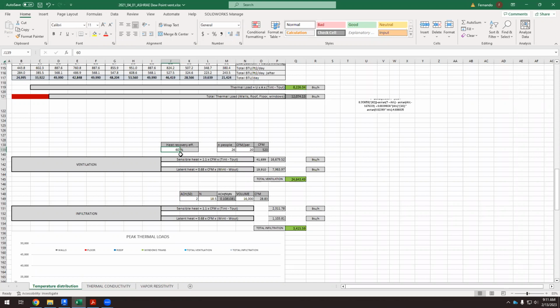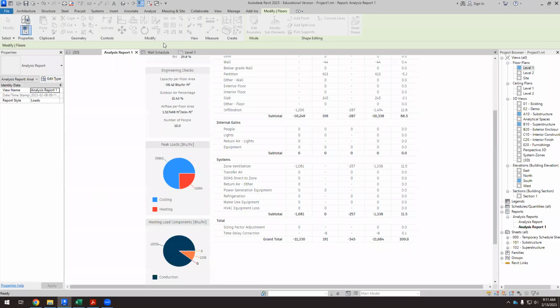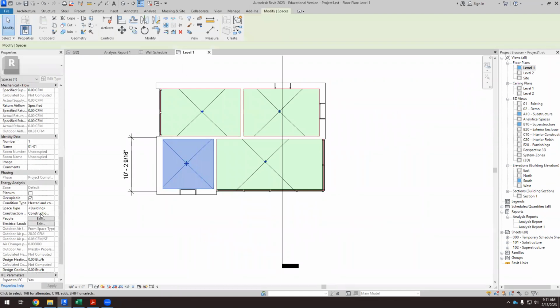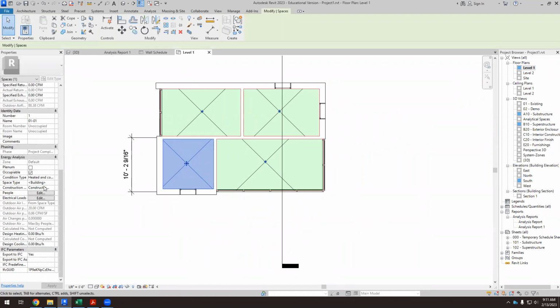In Revit, we have to specify the heating and cooling system. But in spaces, if we select this, the condition type is heated and cooled. Okay, so that's it.